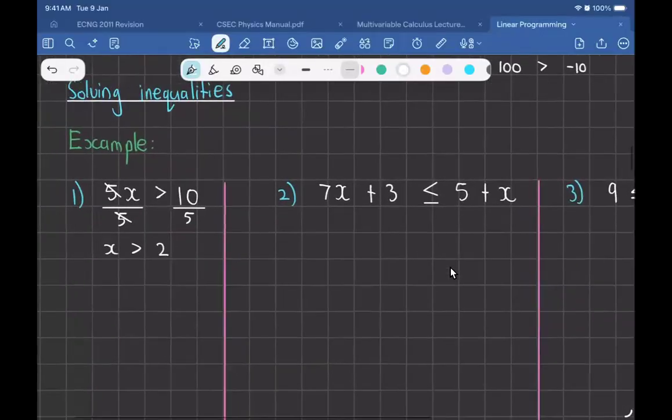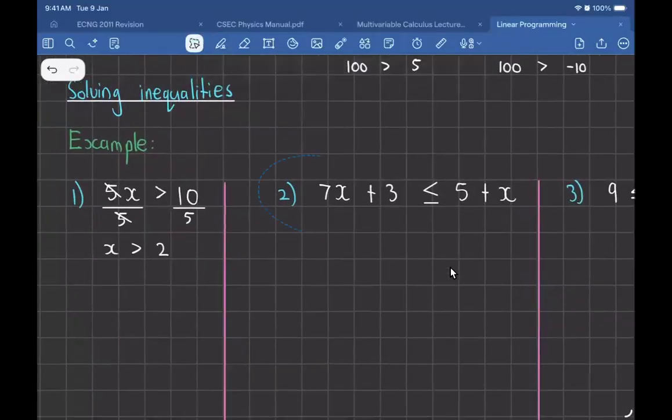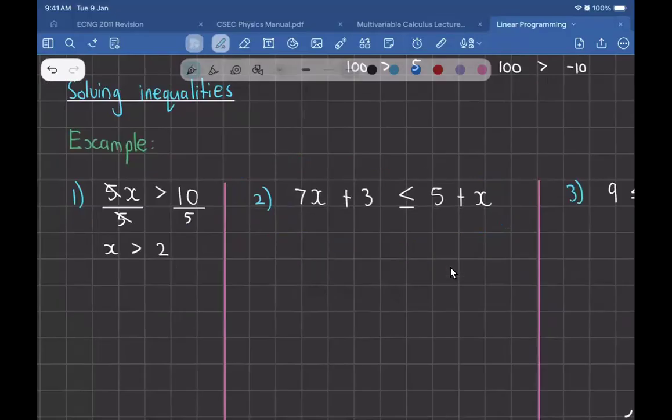Sahara, I want you to help me with question 2, right? Okay. So Sahara, we're going to get it correct. Tell me, Sahara, what are we trying to find in this inequality? x. Now the same rules apply as if it was an equation, right? So you want all the x terms on one side and all the numbers on the other side.